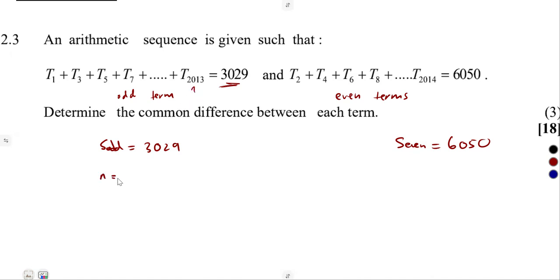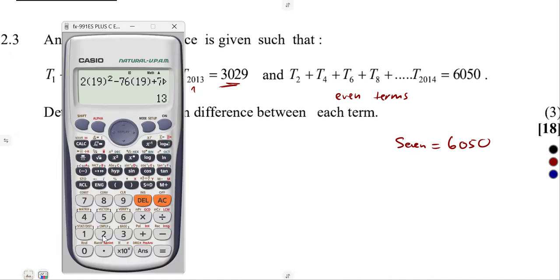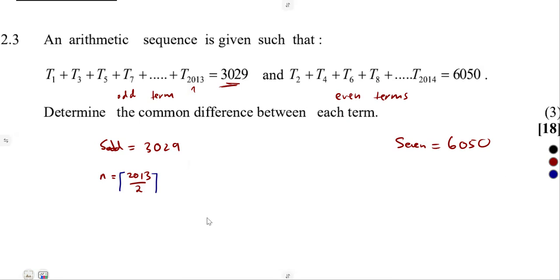The last number that we have is 2013 on odd numbers. So remember, to find n for odd numbers, it's going to be 2013 over 2. But as you can see, we're going to get a decimal. Whenever there's a decimal, we must round up. 2013 divided by 2 is 1006.5.